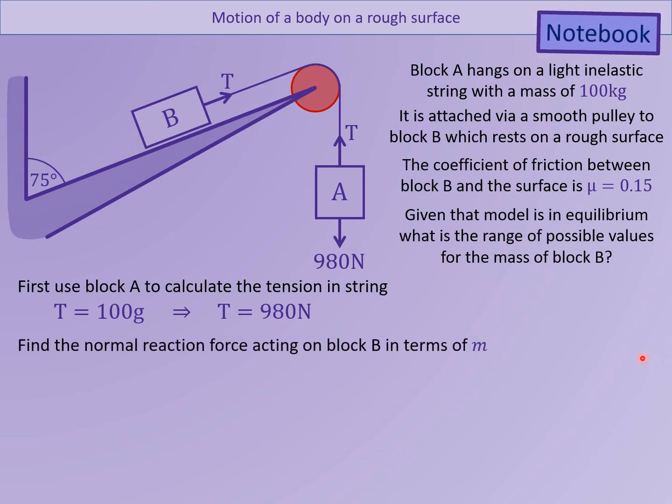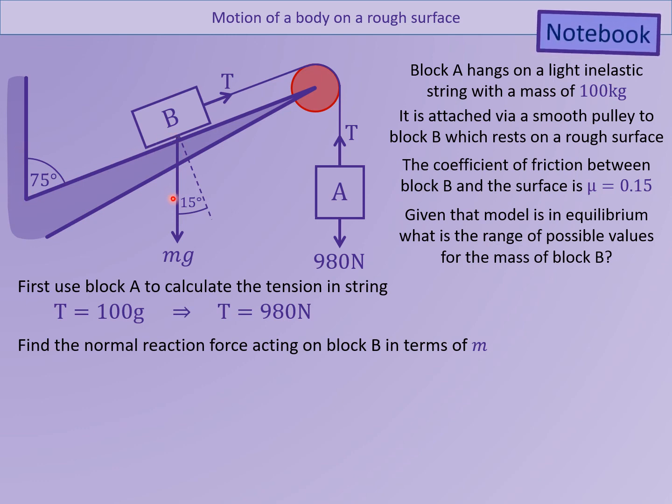Right, so now we can move on to B, and we can think of the other forces acting on B. So B has a weight pulling straight down, which we know is going to be mg. It's at an angle of 15 degrees. Just be careful, make sure you consider this bit. If you've got this as 75, that's just as good. You can clearly see the angles working in there.